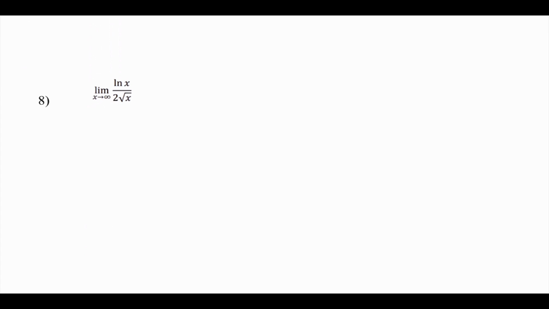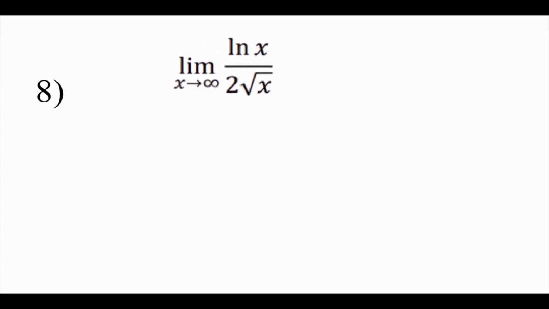Let's skip ahead to number 8. Look at number 8, because number 8 is another one like that. Is this guy bottom heavy, top heavy, or equally distributed? It doesn't have powers, right? Or it actually does. The bottom does have a power, right? So I can rewrite the bottom.